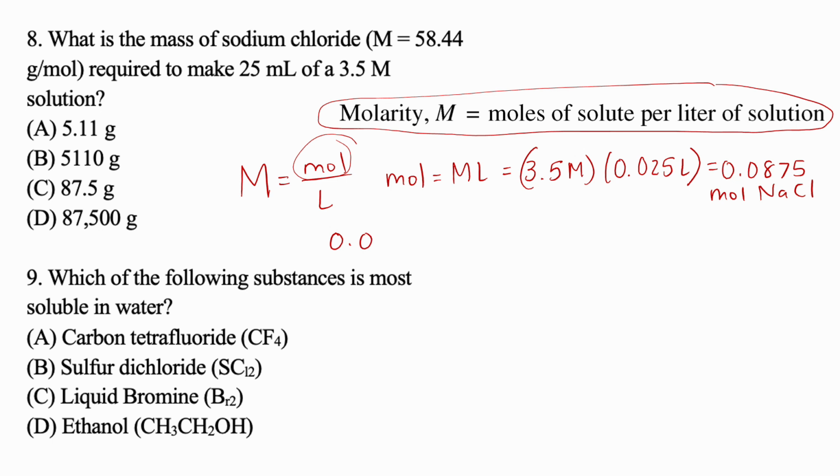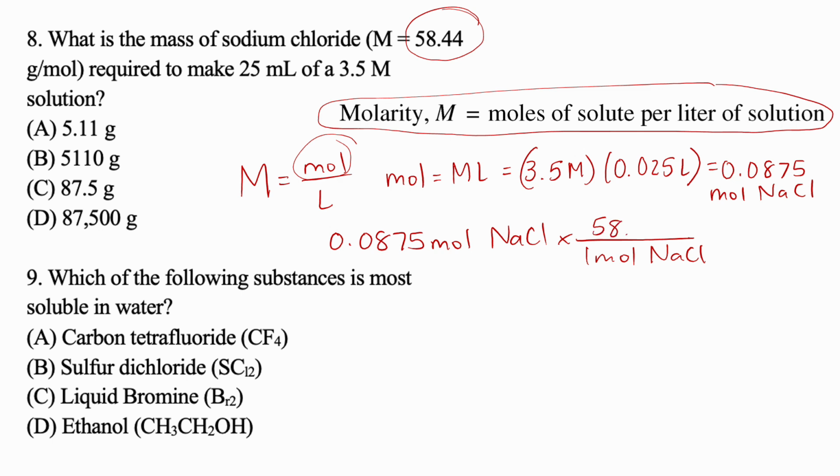Now that we have that many moles of NaCl, we can go ahead and convert it into grams. So we know in 1 mole of NaCl, it gave us the molar mass, 58.44 grams. So we can go ahead and multiply that by 58.44, and that's going to give us 5.11 grams of NaCl, which is A on number 8.